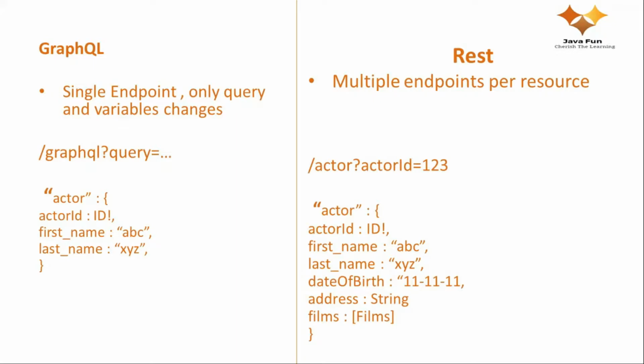In case of REST, as you already know, there will be an endpoint per resource, or multiple endpoints per resource, depending upon what kind of data you want to fetch. It will be clearer when we start writing the code.